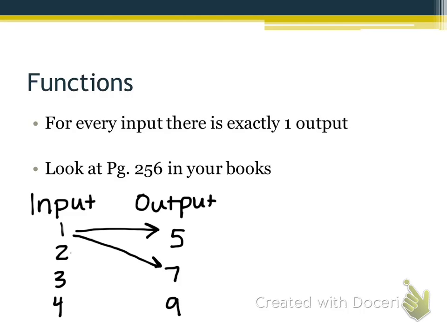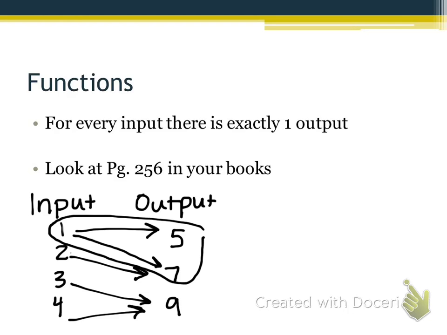That should be your red flag right there. For the input of 1, how many different outputs does it have? 2, because it has a 5 and a 7. Then I can just look at the rest of the chart and see that this is not going to be a function because of this right here. For the input of 1, I have 2 different outputs, okay? Again, that's review from chapter 1.